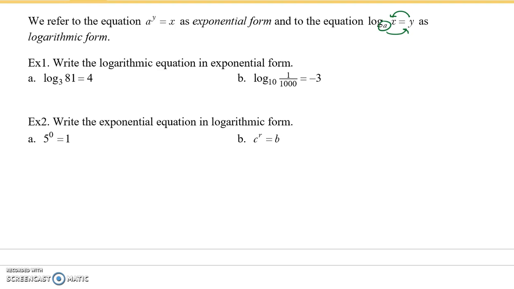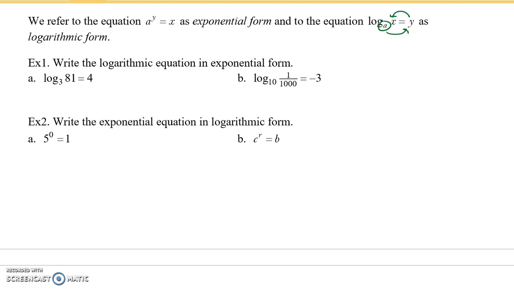But these two forms, exponential and logarithmic, are two ways of stating the same thing. Sometimes the logarithmic form is more convenient. Sometimes the exponential form is more convenient. Example 1 says, write the logarithmic equation in exponential form. So our first example would be read, log base 3 of 81 equals 4.